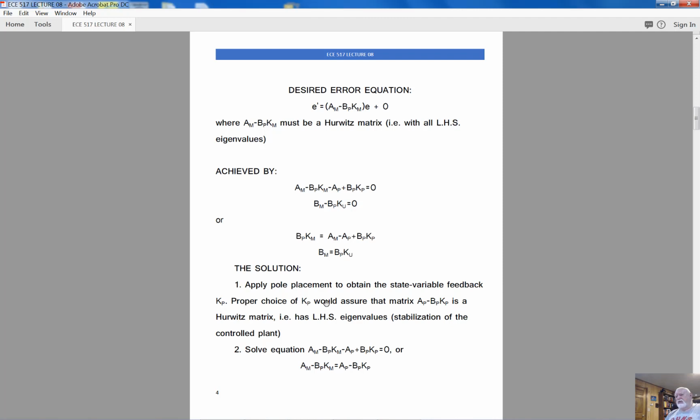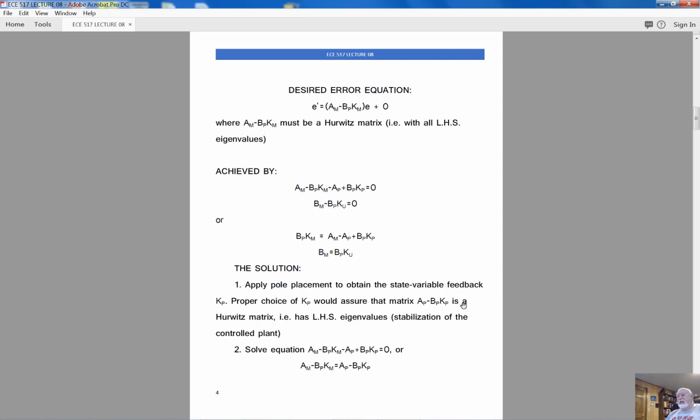If we would properly choose Kp, we would achieve requirement that AP minus BP Kp is a Hurwitz matrix or has all left-hand side eigenvalues.